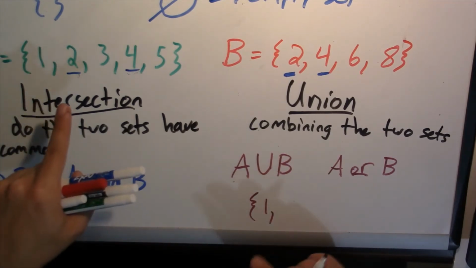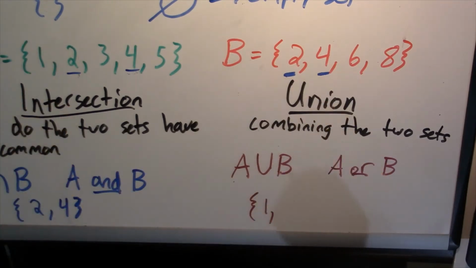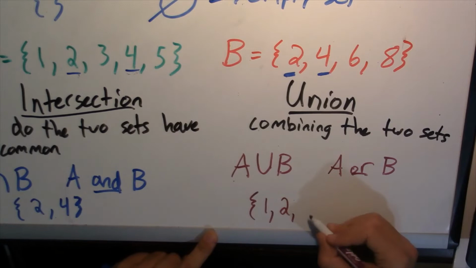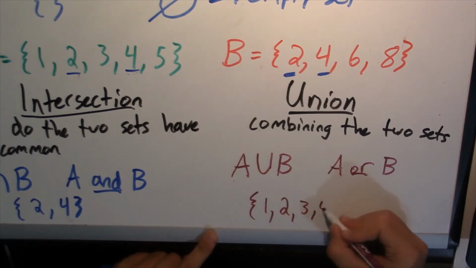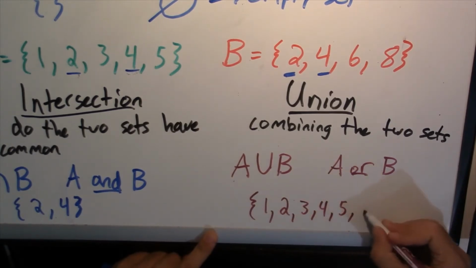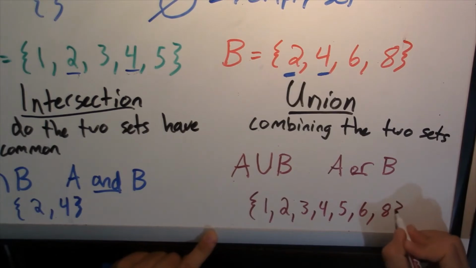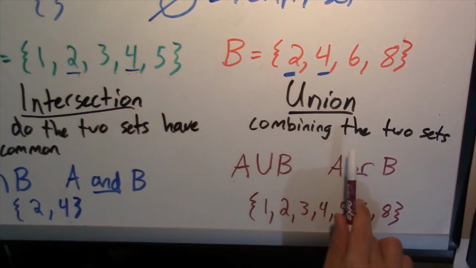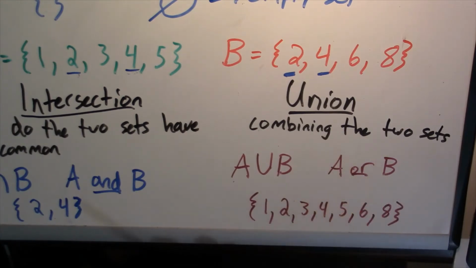Is 2 in A or B? Yes, it's in both of them, which means it's in one or the other. It's in both. That counts. So 1, 2, 3, 4, 5, 6, and 8. Basically, anything that shows up in either A or B goes into the set. So we're just combining the two sets together into one big set.